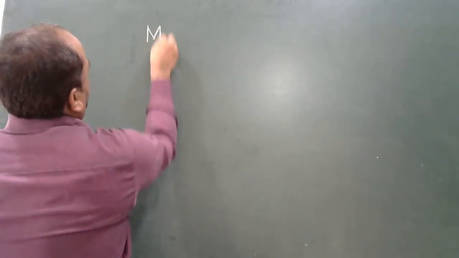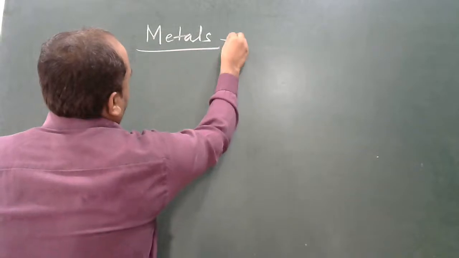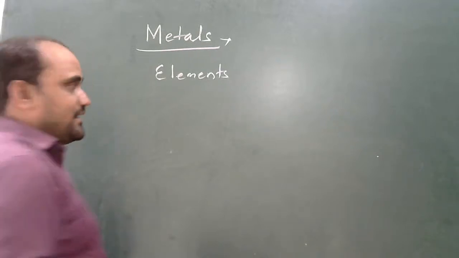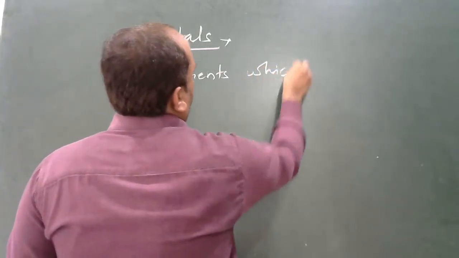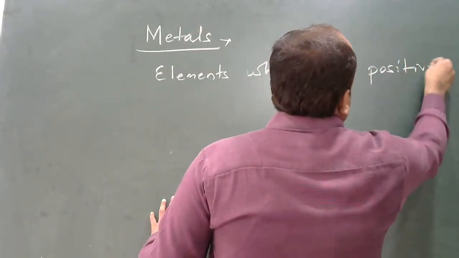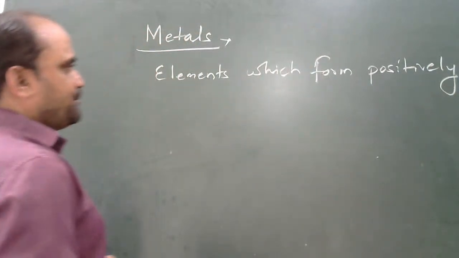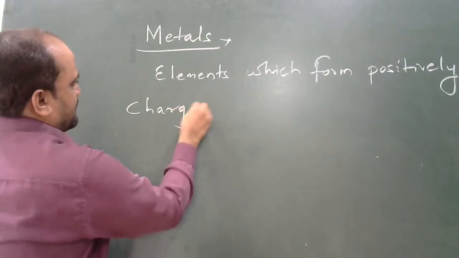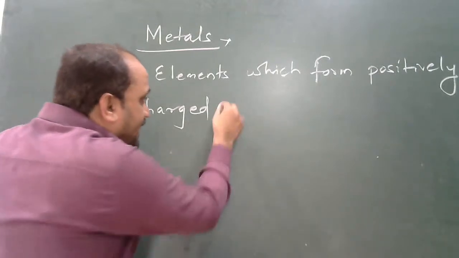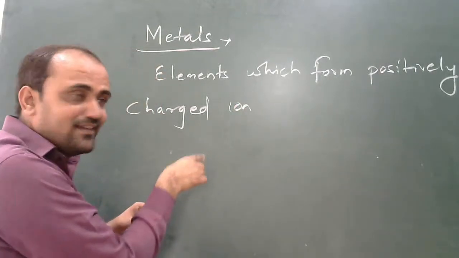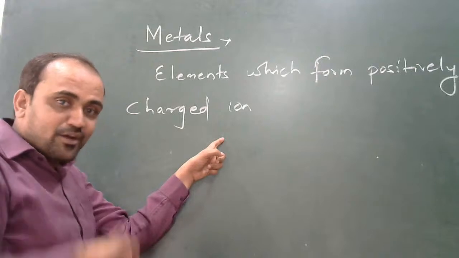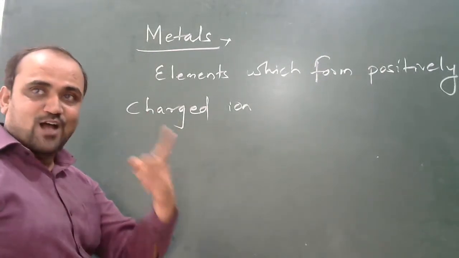Let me define metals now. Metals are elements which form positively charged ion by the loss of electrons.